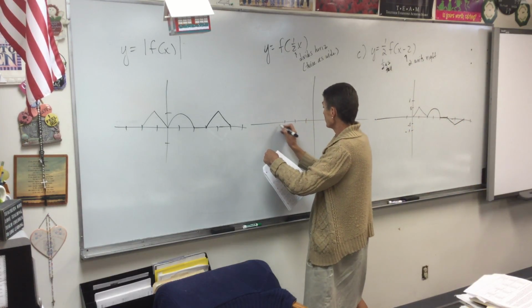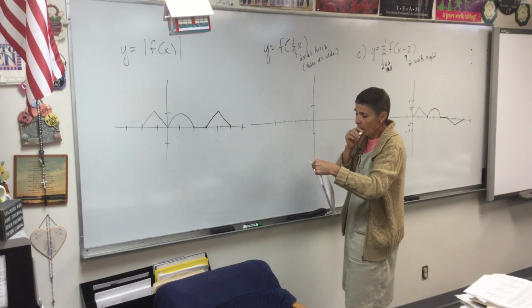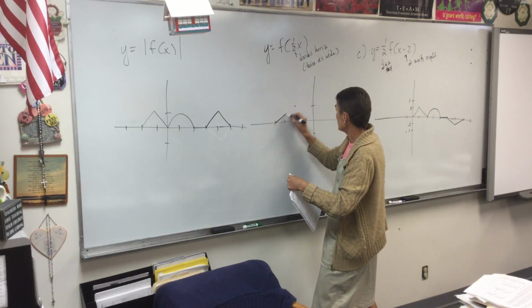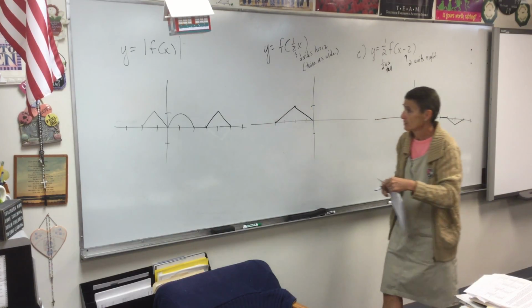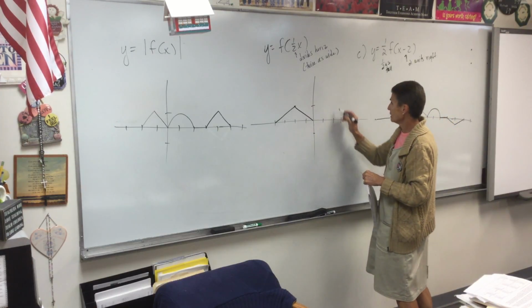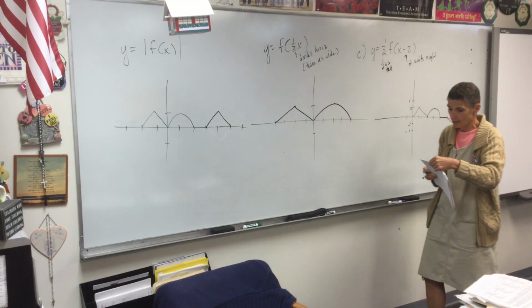So the triangle that's over here, instead of being 2 across, it's now going to be 4 across. So there's the triangle. Likewise, the circle that was 2 across is now 4 across.